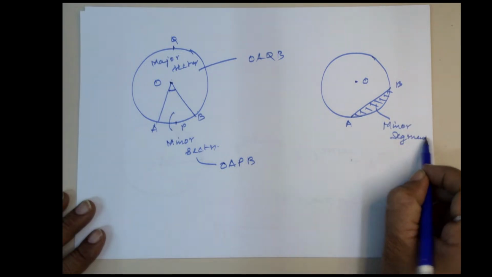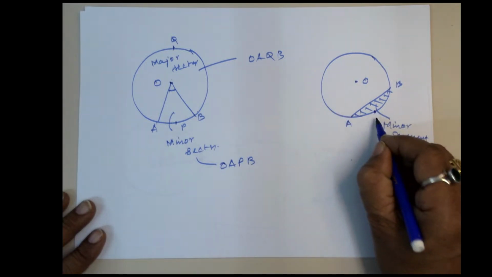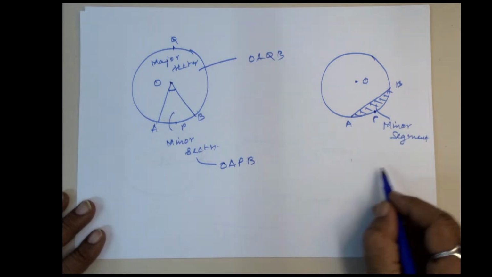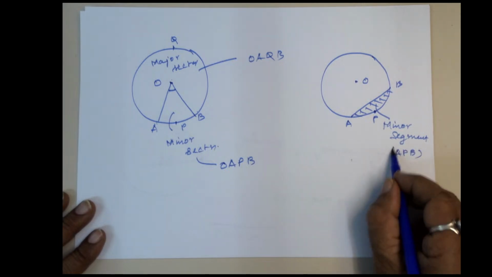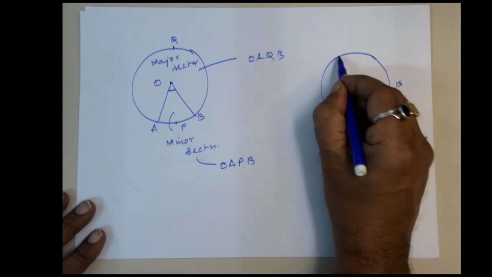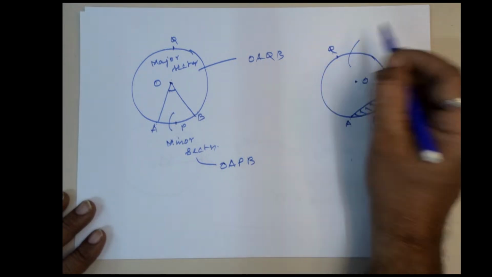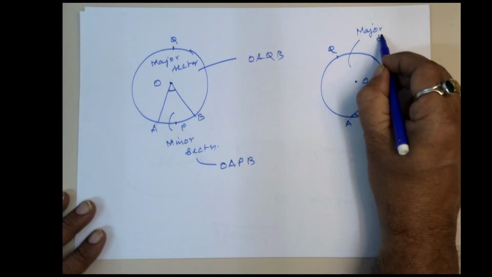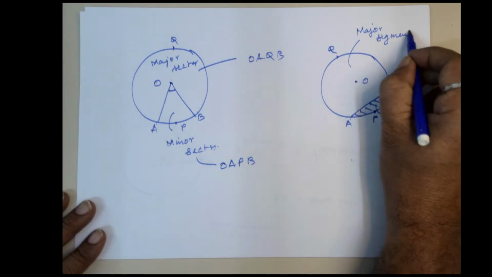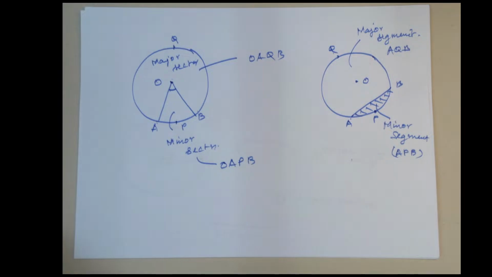Let me represent this by P, so you can call it APB. Whereas this portion, let me call this Q. So AQB, this portion is called the major segment, that is AQB. Do you understand?